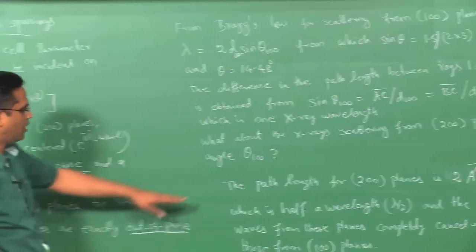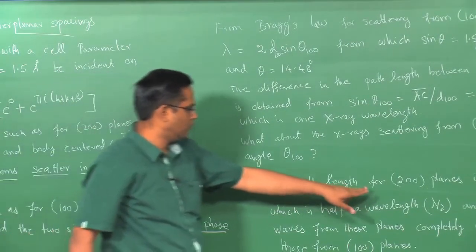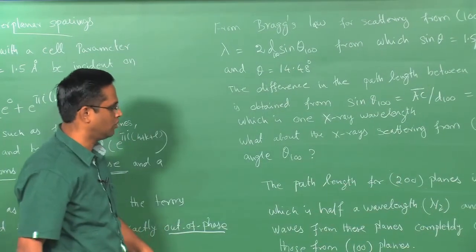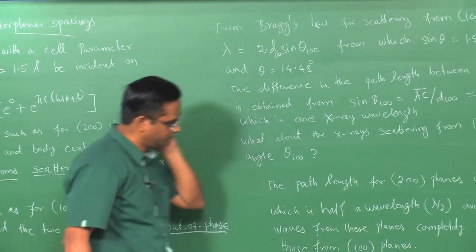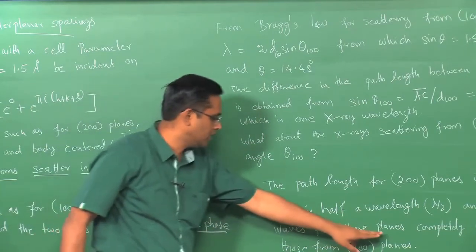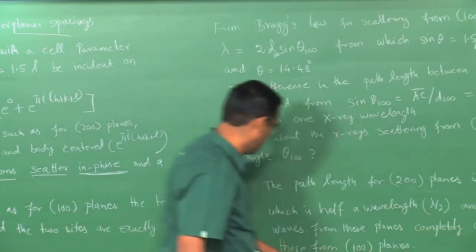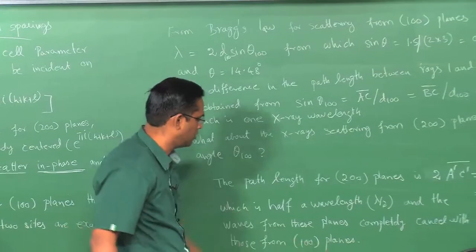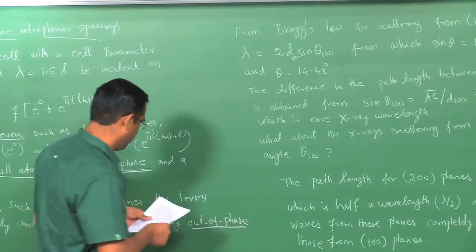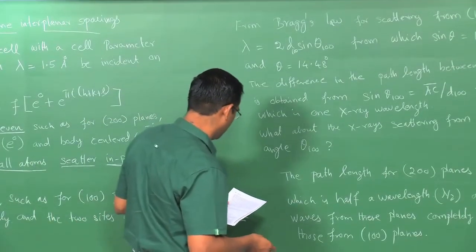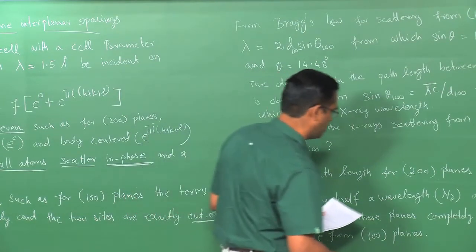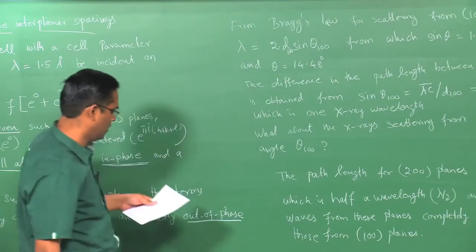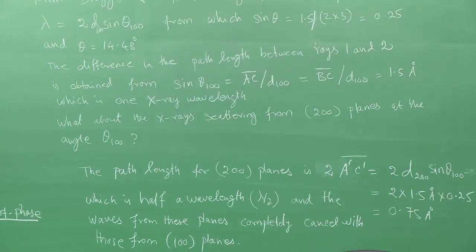So, when the path length for 200 planes is half a wavelength, then the waves from these planes completely cancel with those from 100 planes. That is why you do not see the peaks like 100, 300 and so on in that reciprocal lattice.